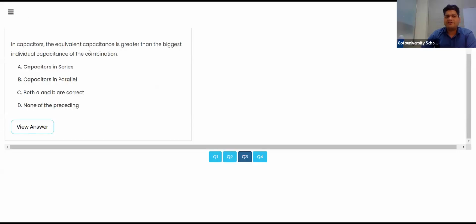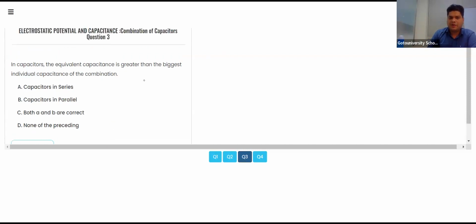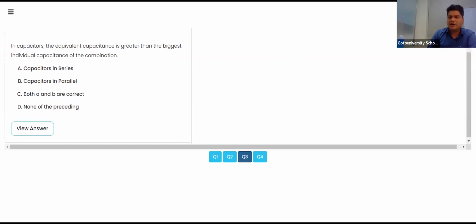If we have the capacitors, the equivalent capacitance is greater than the biggest individual capacitance of the combination. It is asked in which combination there will be a greater capacitance. You say series, parallel, both, or none of these. In series, what happens? It will divide. But in parallel, what is happening?